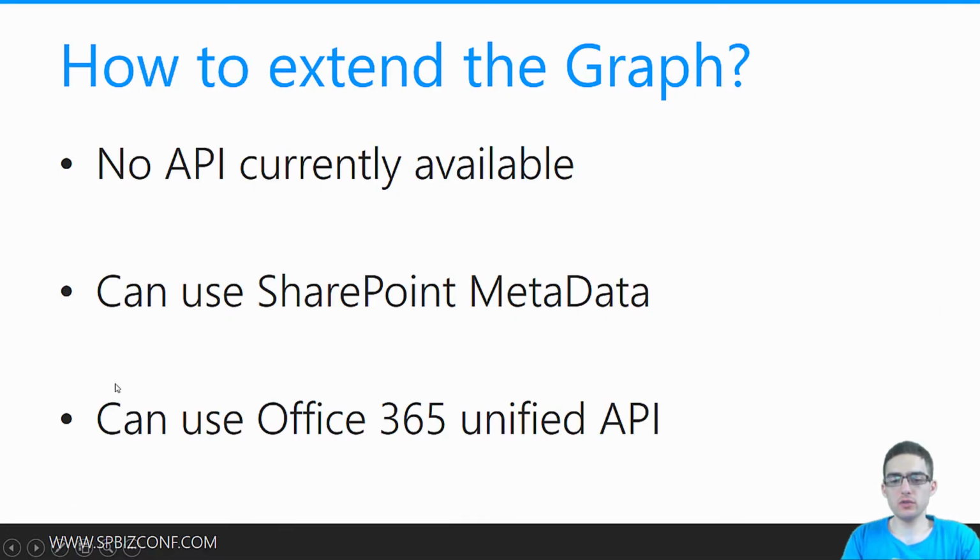The next question that might come to your mind is, how can I extend the graph? Because most of the ISVs would like to put their data into the graph, or add some edges, or add some metadata to the graph, or stuff like that. Currently, there is no API available for third-party vendors or ISVs to put their data into the graph.